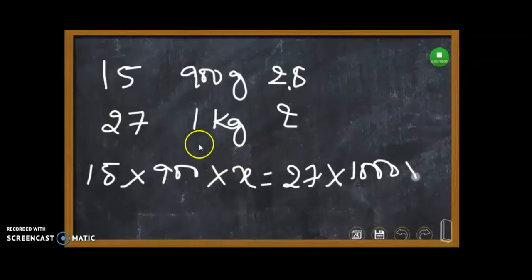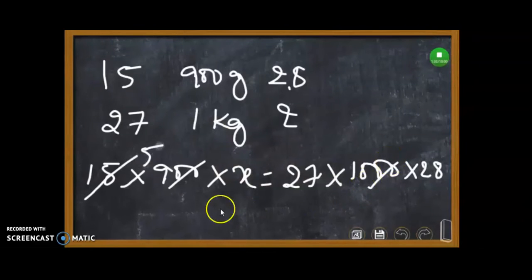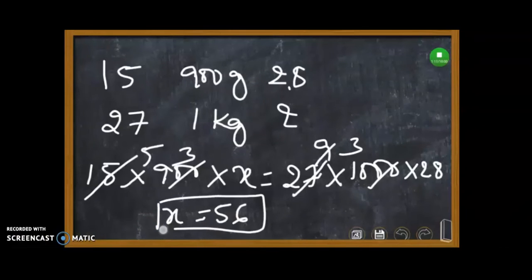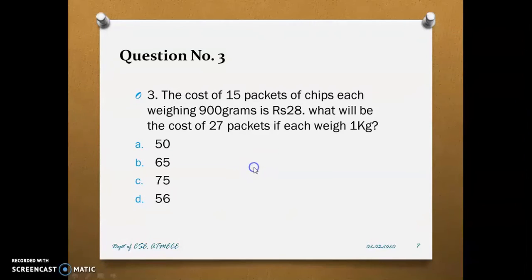So it is 15 into 900 into the cost we have to find out for 27 packets of chips weighing 1 kg. Cancel all the terms: 3 5s are, 3 3s are, 3 9s are. So we will get x is equal to 56. This is the answer. So the answer for this question is option B, that is 65.